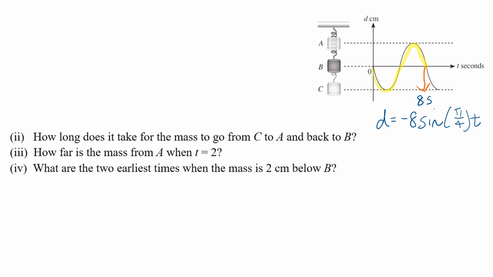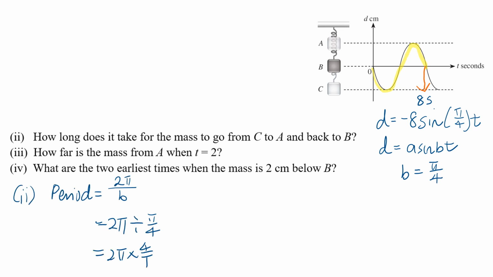If you compare this with the general equation, D equals A sine BT plus C, your B is pi over 4. So the period will be 2 pi divided by pi over 4, which gives you 8 seconds.